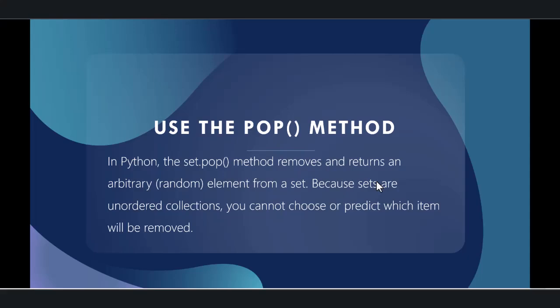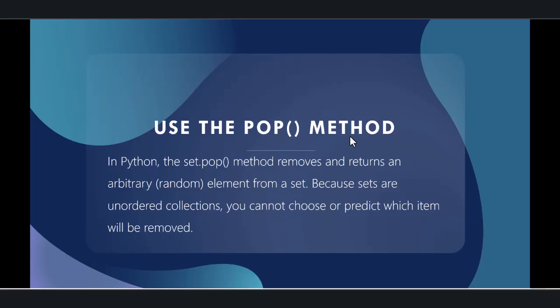It may remove any random element from the set. Because a set is an unordered collection, there won't be any specific positions or index values for any of the elements. So we cannot pass any index values. So it will remove any value randomly from the current set. This is how the pop method works.